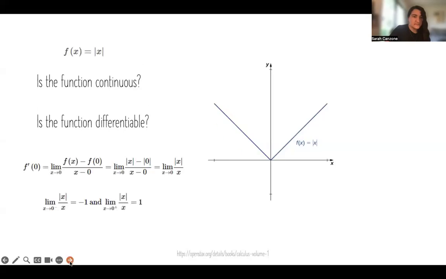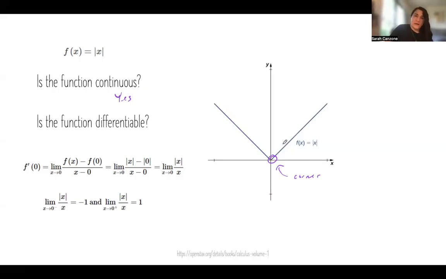So let's see why. Is the function continuous? Yes. Is the function differentiable? The function is differentiable everywhere except for one point, and that one point will actually be at the corner. So we have specific functions that have certain properties. So this is actually called a corner. I mean, it looks like a corner and it's called a corner.